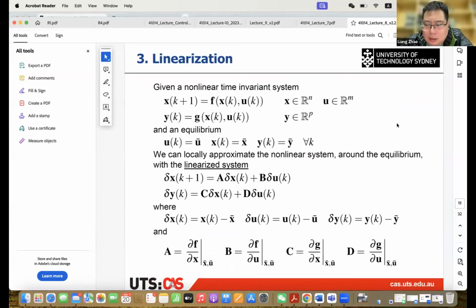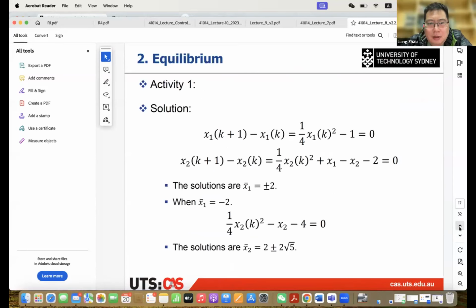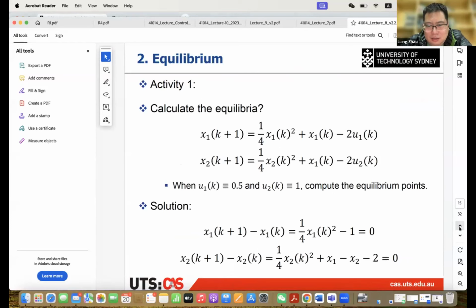First of all, the linearization is based on the equilibrium point, right? You can linearize at other points, but there's no meaning in doing it, because the system is so complicated. We want to find an equilibrium point which is reasonably stable, then we do the linearization on it and control on it.